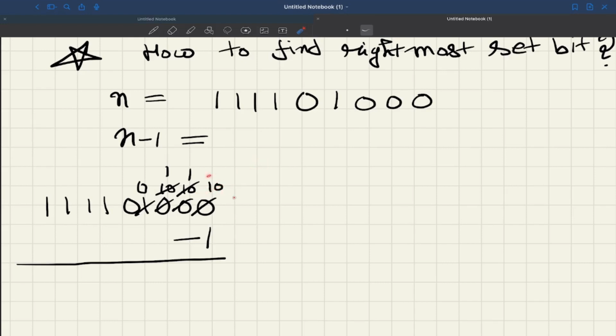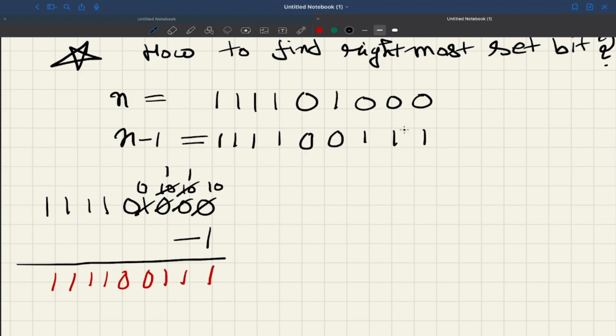So 2 minus 1 is 1, so I'll get 1, right? So you can write 1 here, and here I'll just have 1, then 1, then 0, then 0, and all bits are exactly the same. So I got n minus 1 as something like this: 1 1 1 0 0 1 1 1.